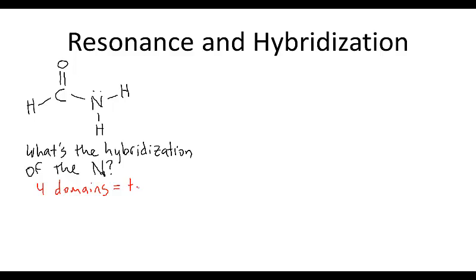So that would be tetrahedral electron pair geometry, which means not sp2 hybridization, but sp3. So that's what we would say. Without thinking about resonance, we would have said that nitrogen is sp3 hybridized because it has 4 domains, so it has to have tetrahedral electron pair geometry. It's going to have a pyramidal shape.